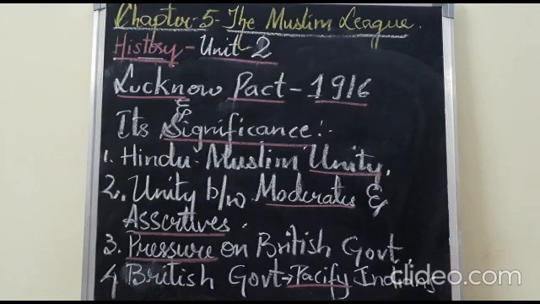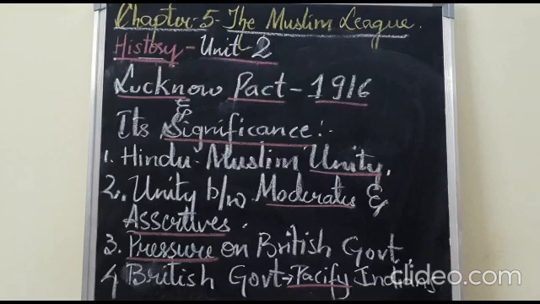What is the significance of the Lucknow Pact? So when did the split take place in Surat? 1907. So when was the Lucknow Pact signed? In the year 1916. So it was 9 long years the assertives were out of Congress. So what is the significance of the Lucknow Pact? It brought about a lot of changes. The first one is Hindu-Muslim unity. The joint scheme symbolized Hindu-Muslim unity.